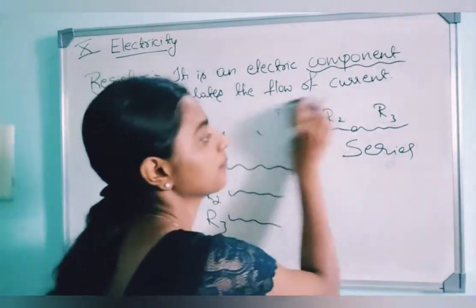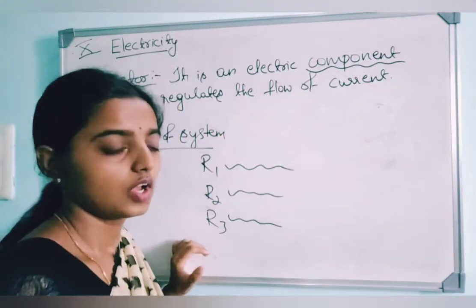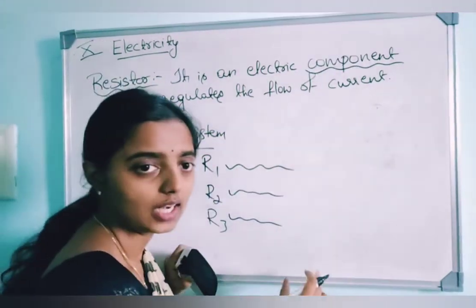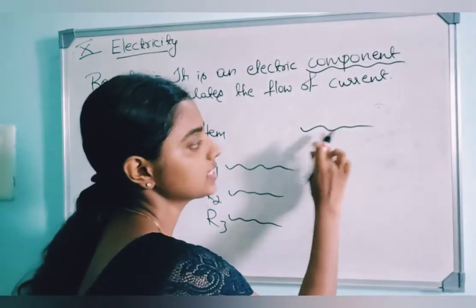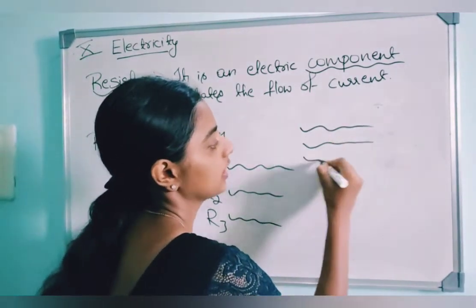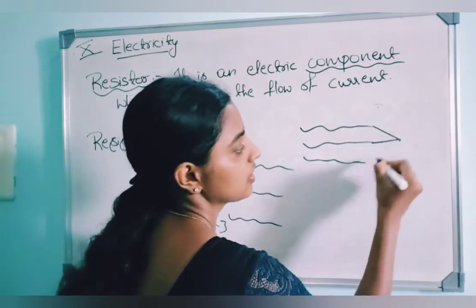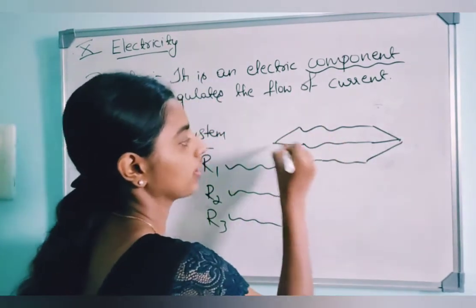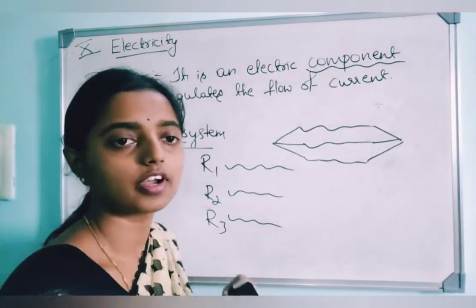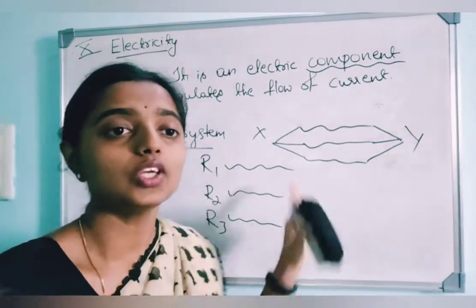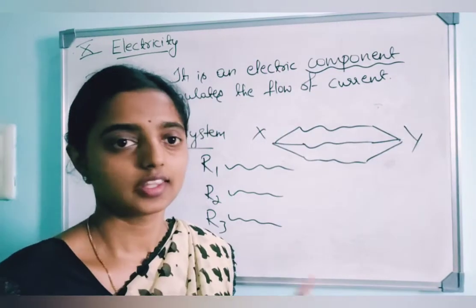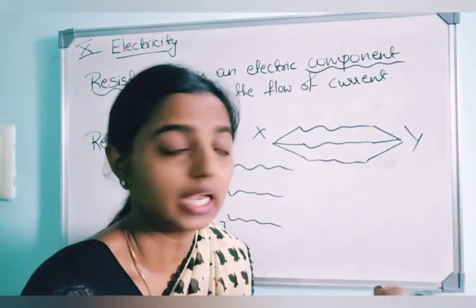Now let us see parallel. Let me take again all three wires. If these three wires have the same connecting points, that means all three wires are connected in between the same two terminals. They are not connected end by end.